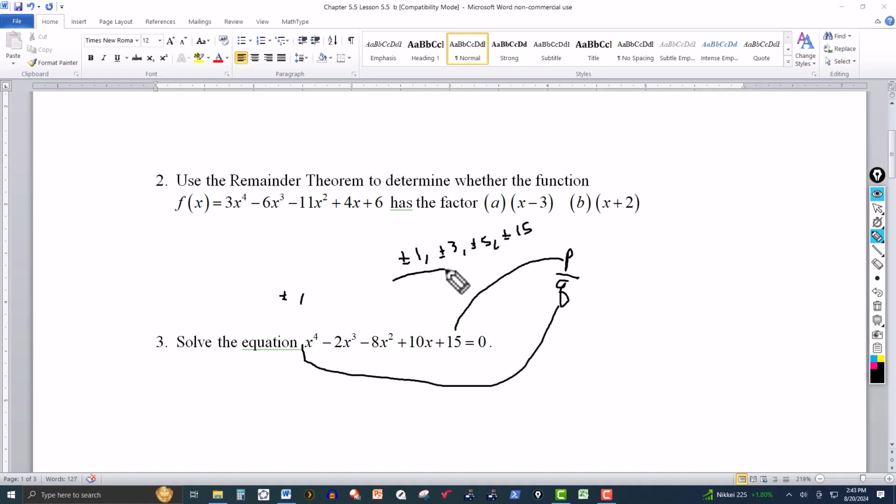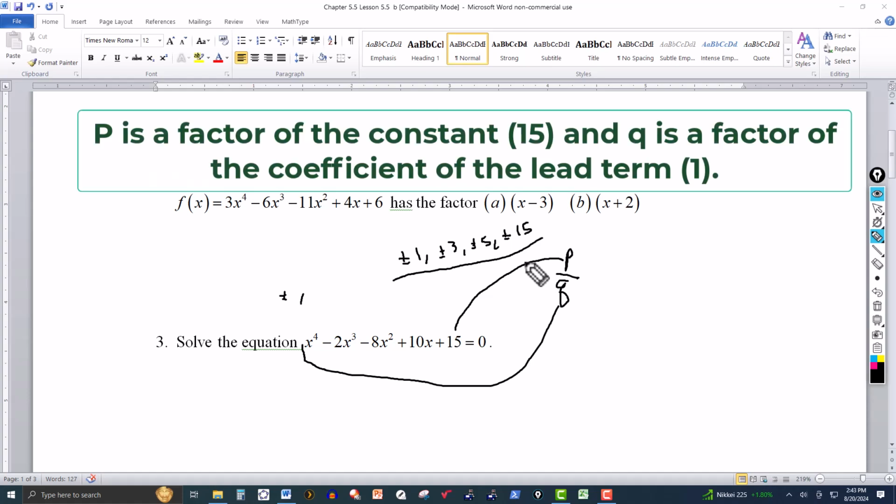Well, if you do that, you get the same thing back. So this tells me that the only rational zeros of this polynomial are going to be either plus or minus 1, plus or minus 3, plus or minus 5, or plus or minus 15. P over Q is a rational zero. P has to be a factor of 15. The denominator has to be a factor of the lead term.